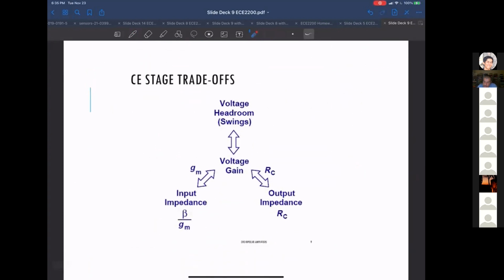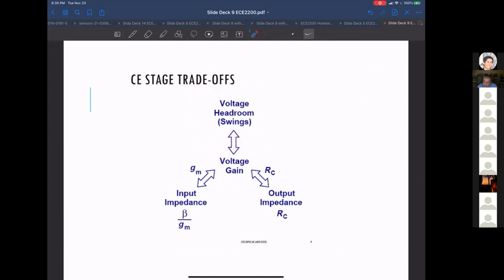Okay, so these are the trade-offs you have when you're designing a common emitter voltage amplifier. You're trading off the amount of voltage headroom you have, the supply voltage or the voltage swing you can get for a certain input, with voltage gain.